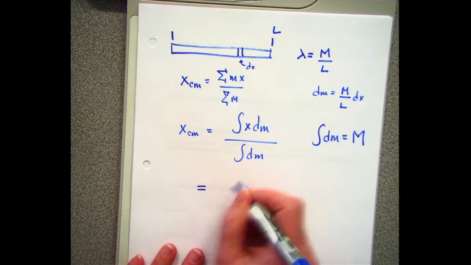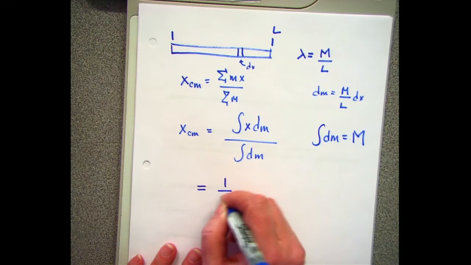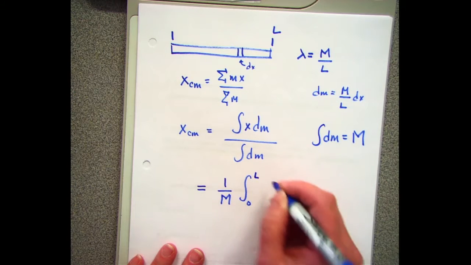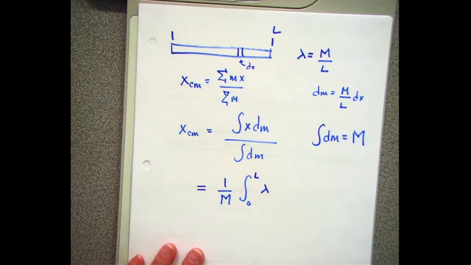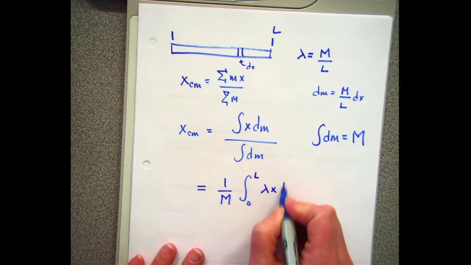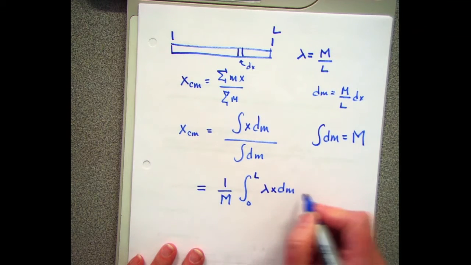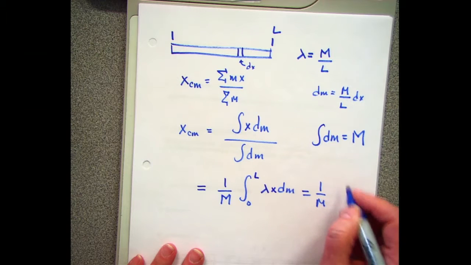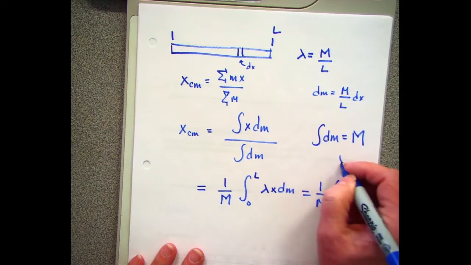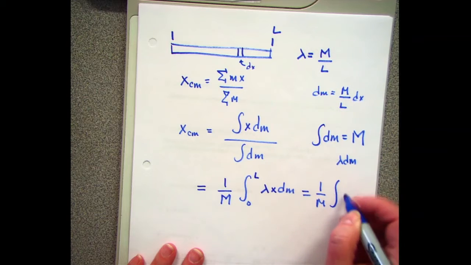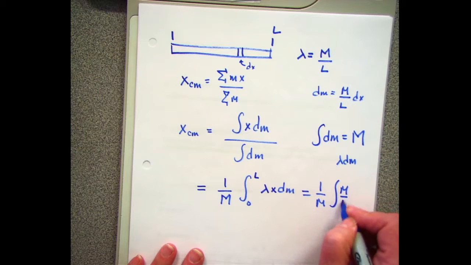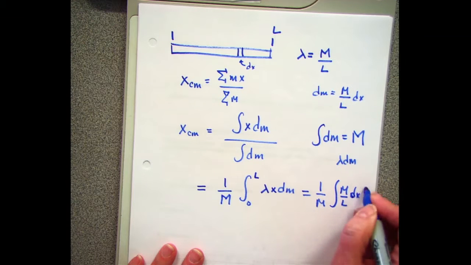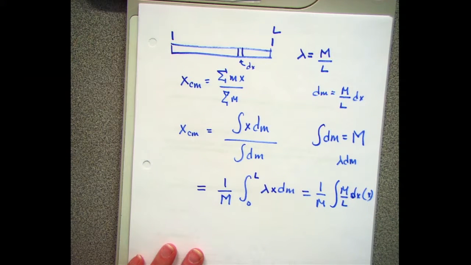So now I can do 1 over the total mass, the integral from 0 to L of my lambda dm, but my lambda dm is equal to m over L dx, and I have my x out here.